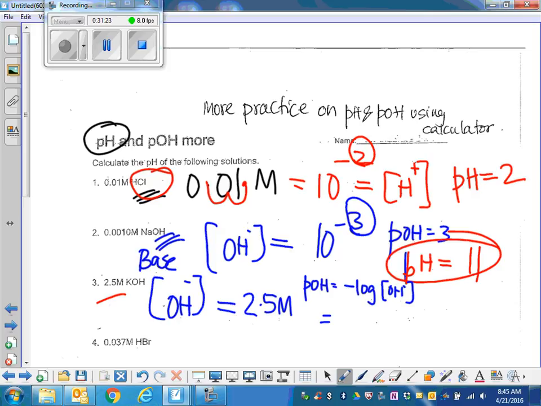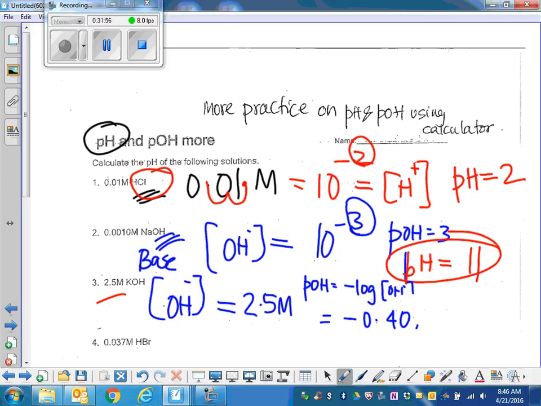Hit the log button and punch in the number 2.5. And hit enter. What do you get? Negative 0.3979. Alright? Now this is only two numbers, so I'm going to round it to 0.40. Alright?